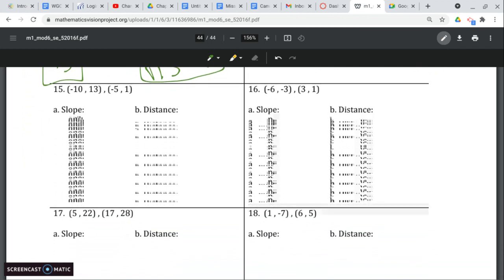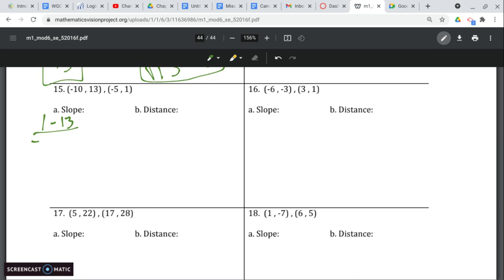All right, 15, we have 1 minus 13 over -5 minus -10. 1 minus 13 is -12 over -5 plus 10, because minus and negative, same thing, is adding, is 5. So there's our slope.